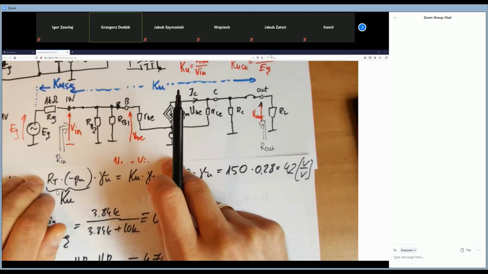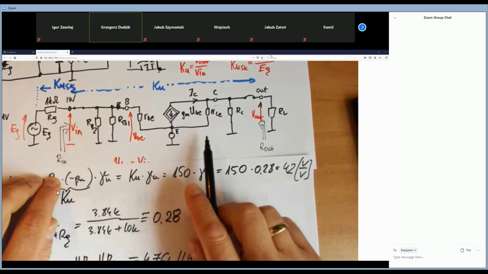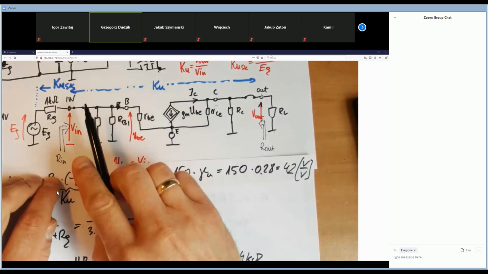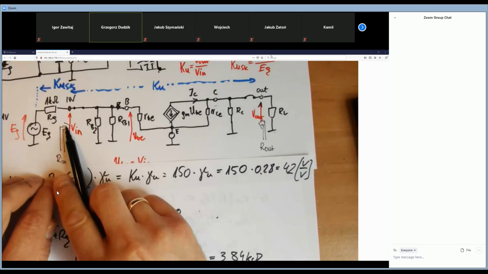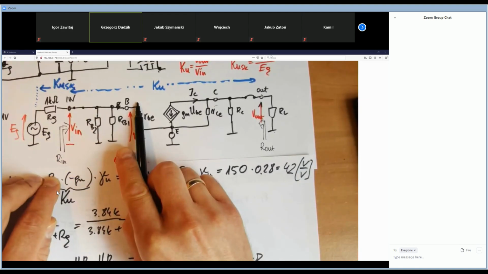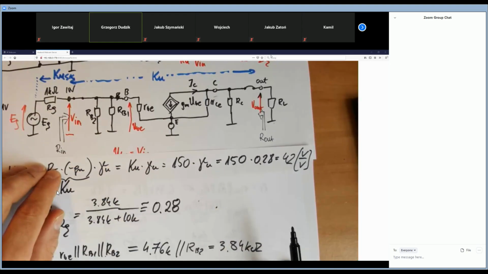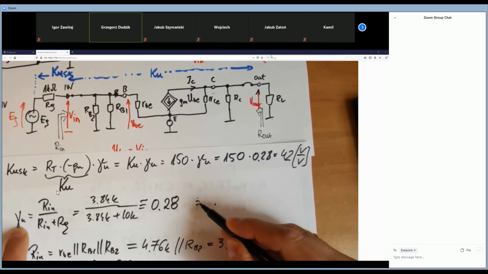You have to remember that the amplifier amplifies the voltage here by 150 times. So as you see, this gamma U parameter, we can say is around 28%.